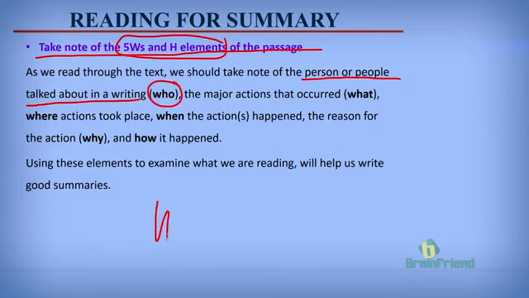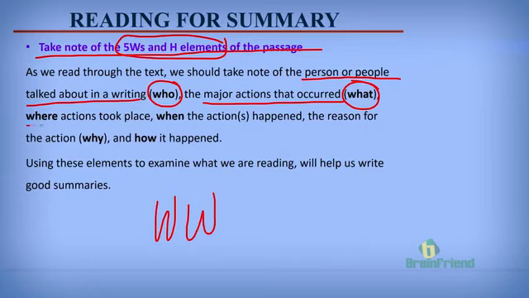The who is the first W. Take note of the person or people which the passage talks about. Also take note of the major actions that occurred in the passage. That is, what happened in the passage. Major actions. The what is the second W.